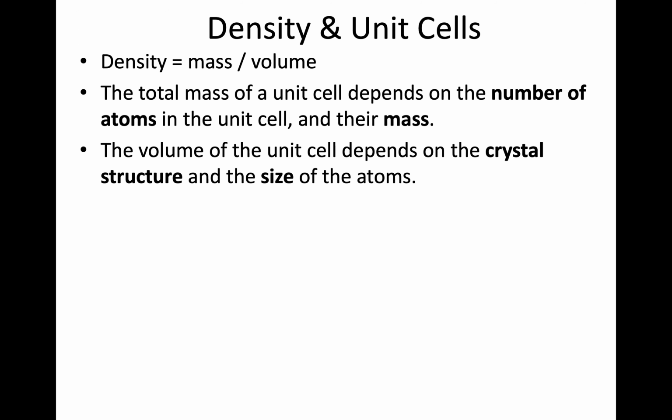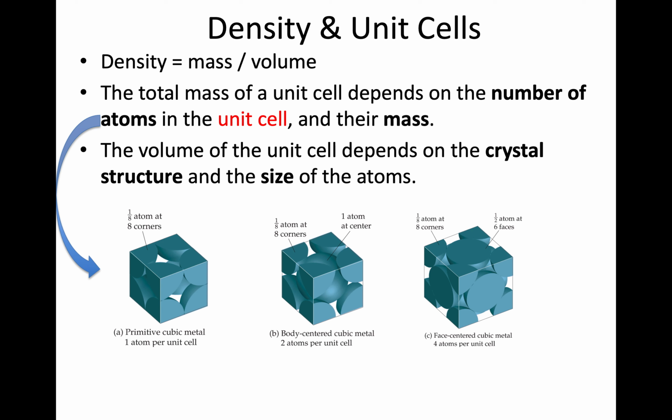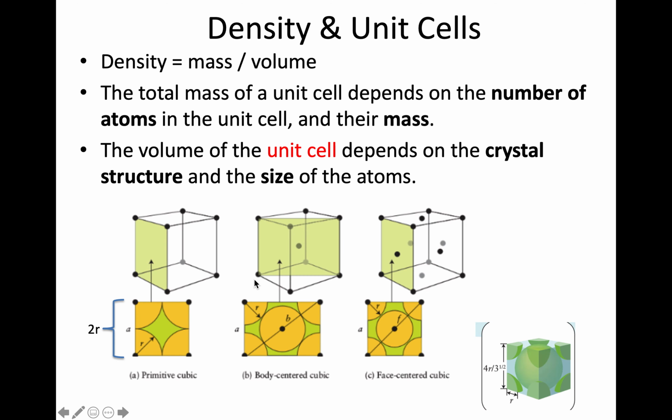One thing that we can think about with that then is, what would be the density of the unit cell? So density involves mass and volume. The unit cell is important because we need to calculate how many atoms are contributing to that particular unit cell. We want to account for their mass and the number of atoms to get the total mass of the unit cell. We also need to know the arrangement when we account for the volume.